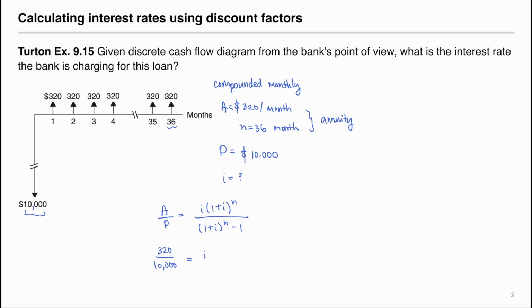What we want to solve for is I, and n is 36 months. Notice that the interest rate that we're calculating here is the monthly interest rate, not yearly. You must be careful because n is in months.